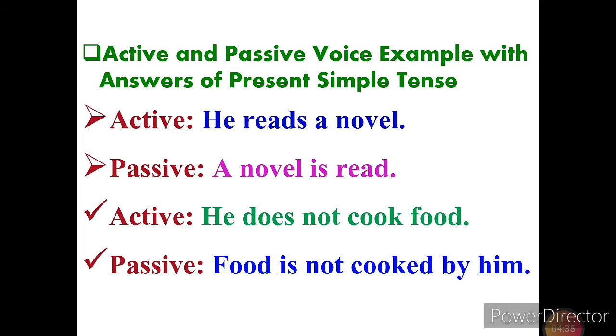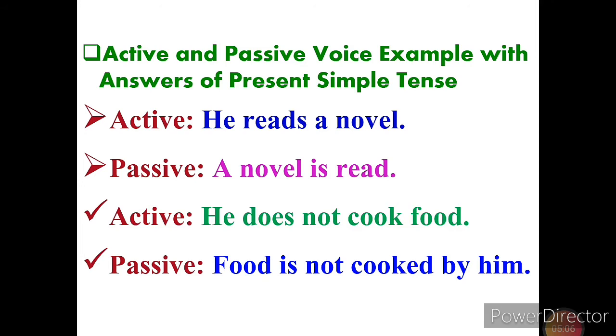He reads a novel. Present simple tense. How can we find out? The subject he is third person singular. It takes s: reads a novel. So here he is the subject, reads is the verb, a novel is the object.